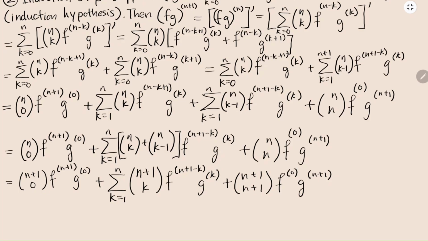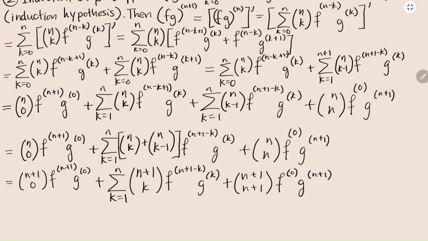So I changed it to look like this form because notice that when I plug k equals 0 into here, I get this part. And when I plug in k equals n plus 1 over here, I get this part.